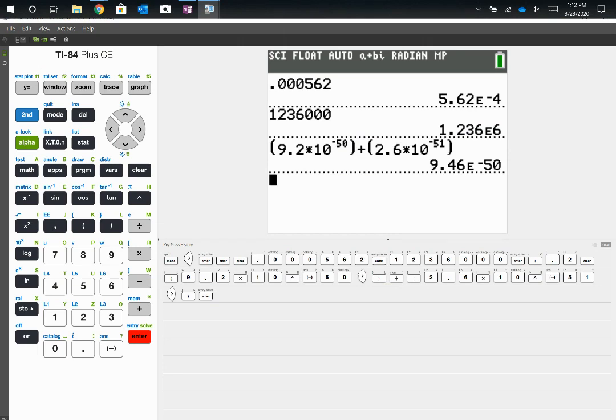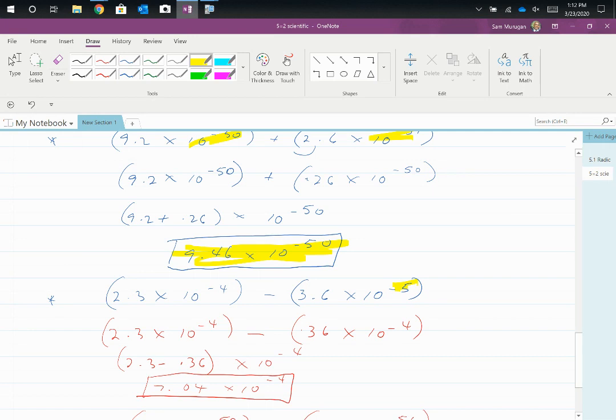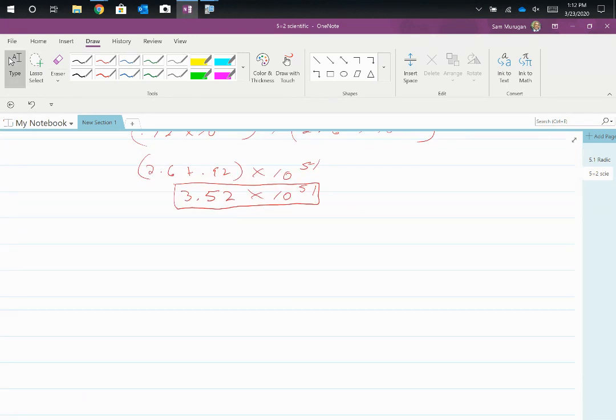Now going back to multiplying and dividing scientific notation.